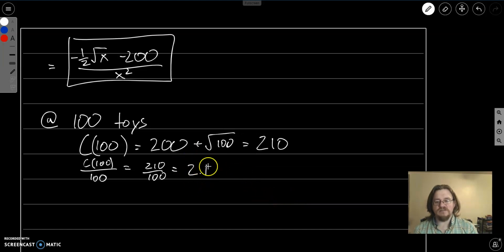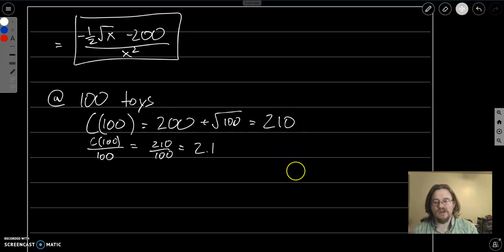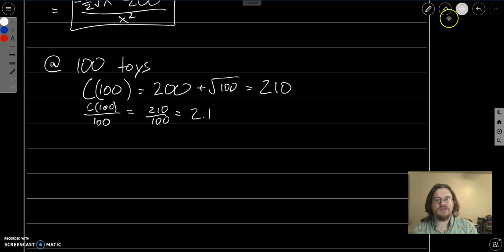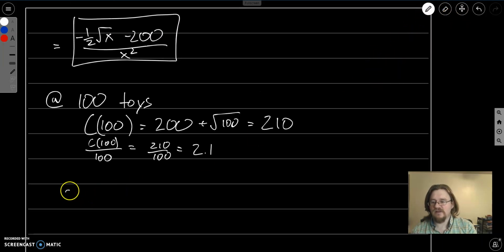So the average cost of making 100 toys is only going to be 2.1, which is quite small in the grand scheme of things. But the rate at which it's changing, the derivative of this, if I plug in 100 into here, it's going to be negative 1/2 times the square root of 100 minus 200, all over 100 squared.